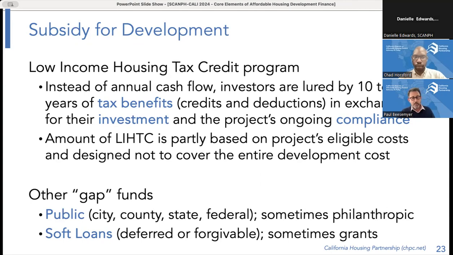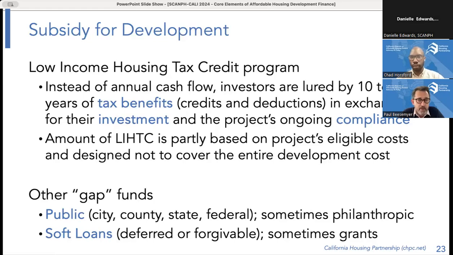And so if we've got a mortgage that's covering, in most cases, a maximum of 15 to 25% of total development cost, and low-income housing tax credit equity that's covering the other 50, well, where do we go for the remaining, say, 25% or more?